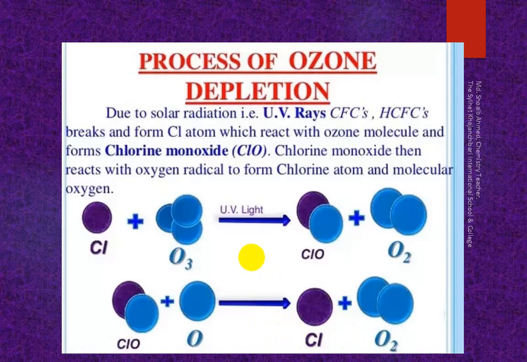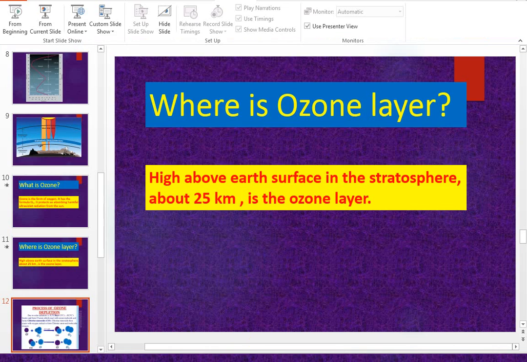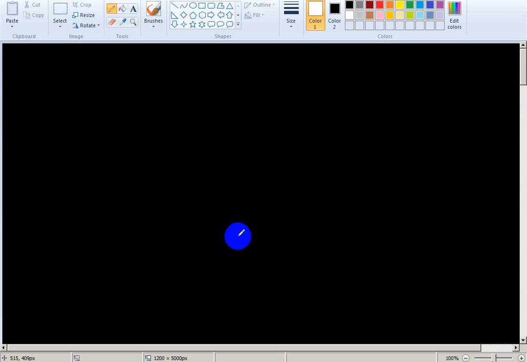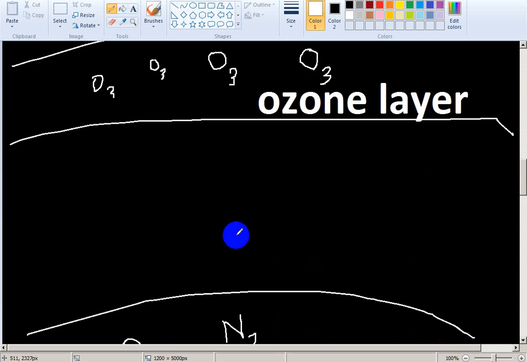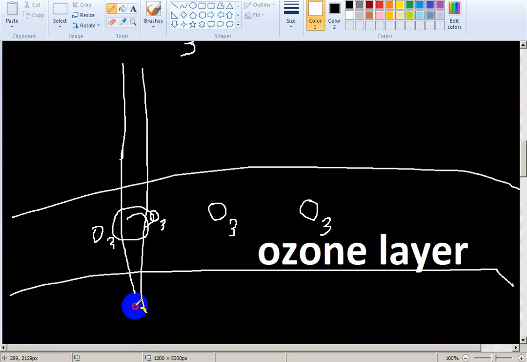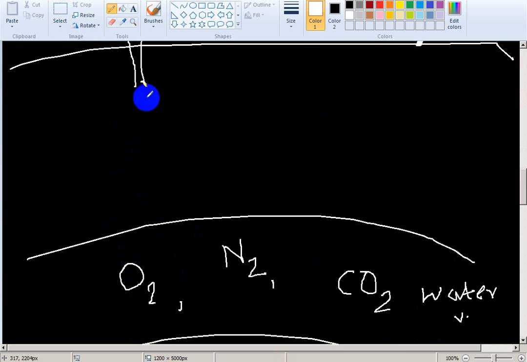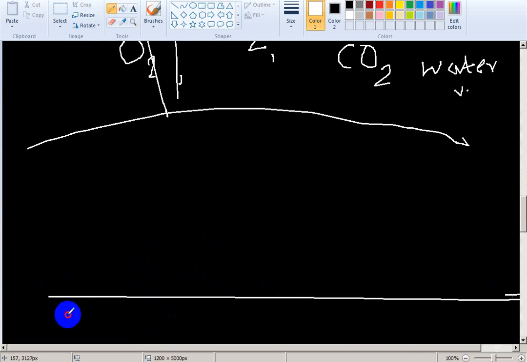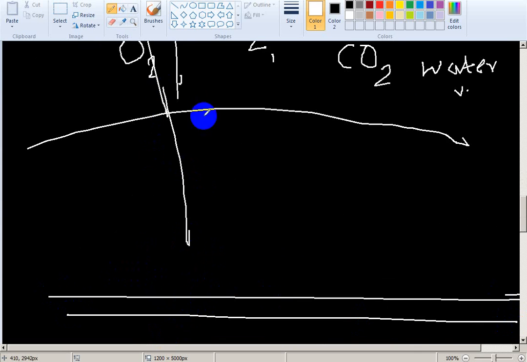And the ozone layer is becoming a hole day by day. When it becomes a hole, ultraviolet rays easily come through this hole to the Earth's surface.